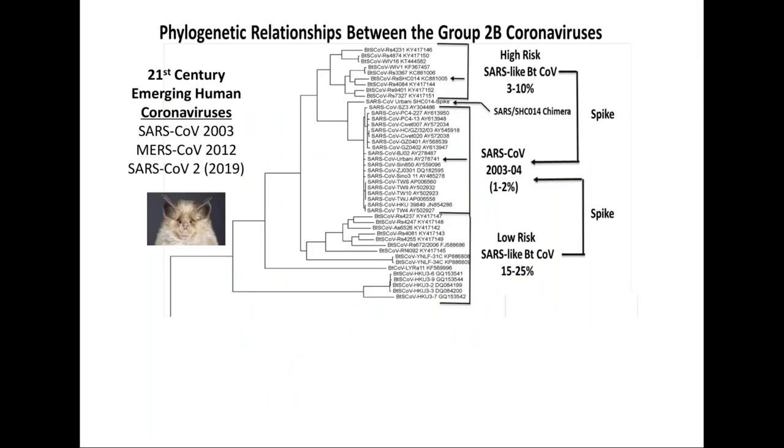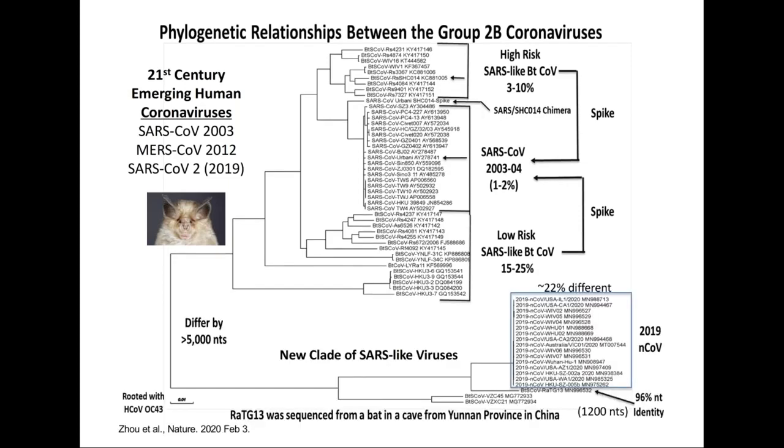So this was, again, the phylogenetic tree in terms of the state of the knowledge prior to December 2019. In 2019, next slide, SARS-2 was identified in Wuhan, China. It is a unique clade within the group 2B SARS-like coronaviruses.